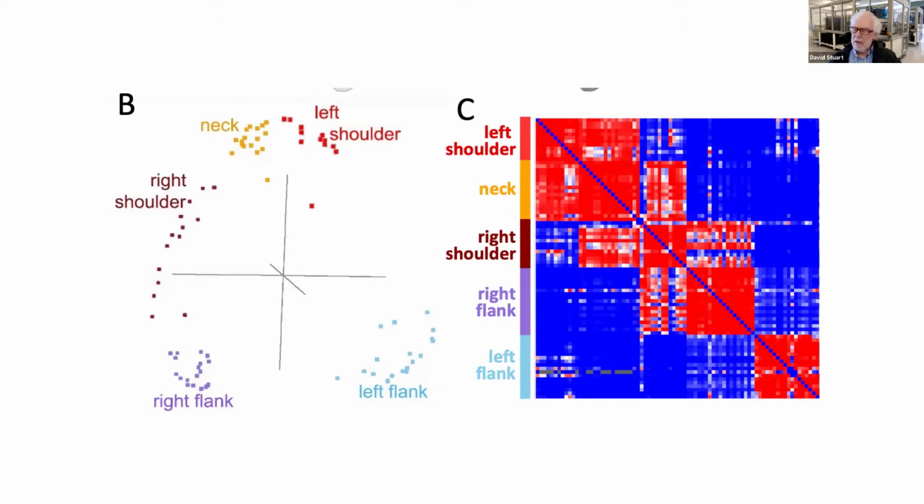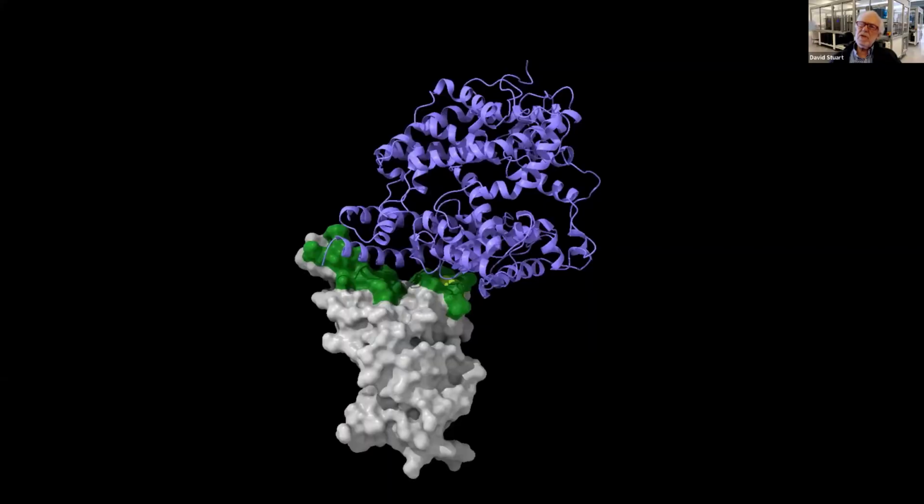We put those down, and then used a Monte Carlo and steepest descent algorithm to find where all of the antibodies bound. And that allowed us to place all of these 80 antibodies onto this receptor binding domain.